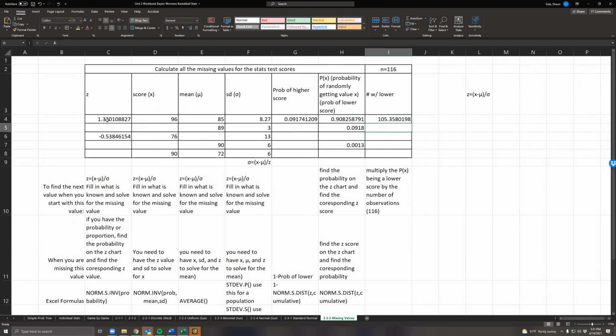Okay. So I'm going to put another video out that goes through this as well, but I just wanted to show you guys, hey, just solve for the algebra information right here, and then fill in the missing spots, and then find the number of observations that are lower. Just multiply it by the p-value of what's below it.